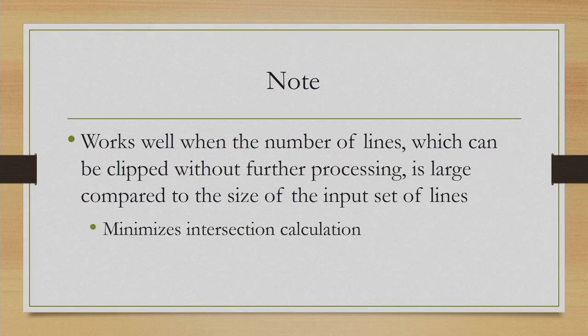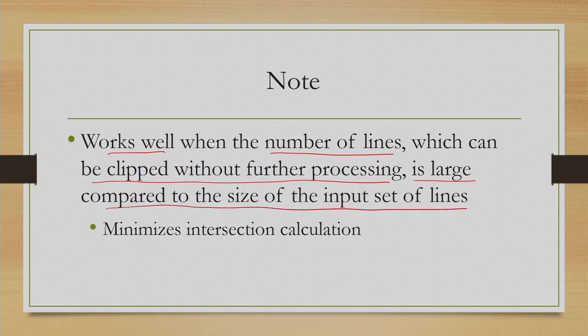So, this particular algorithm works well when the number of lines which can be clipped without further processing is large compared to the size of the input set of lines. So, when the number of lines that can be clipped without further processing is large, then clearly Cohen-Sutherland works much better, because no intersection calculation is involved. But if that is not so, then it still has some problem.